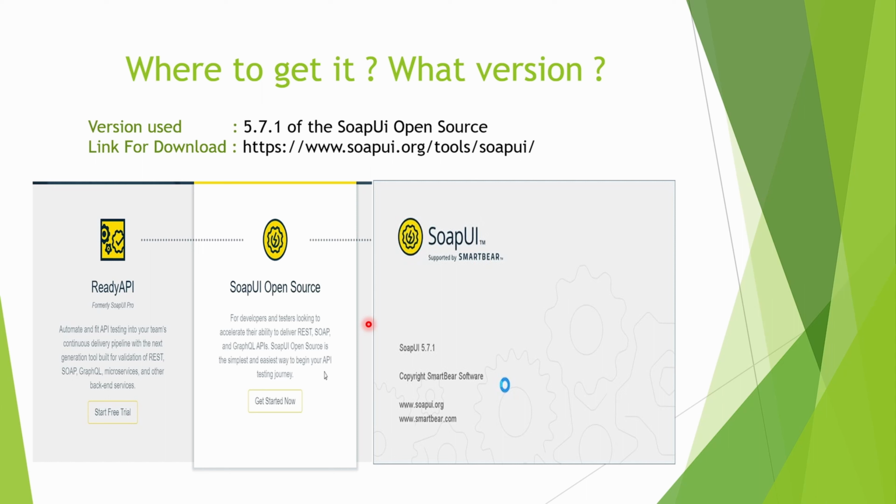So it's a living thing. SoapUI is a living thing, and a lot of features are added. I cannot know all of them because it's changing all the time, and we will not necessarily be using all of them. But we will try to give you all the information and knowledge, so that you can go to any professional work and start testing APIs and using SoapUI without any problem, and you can do all your work.